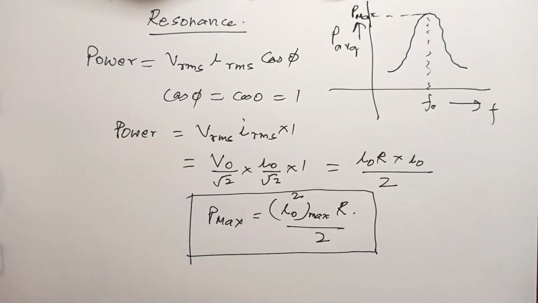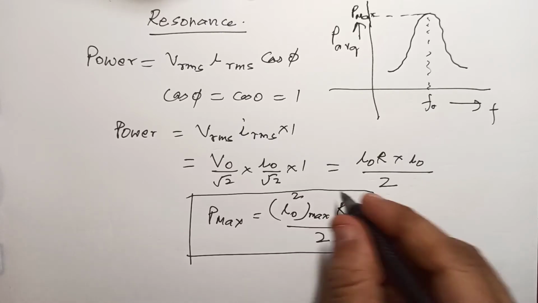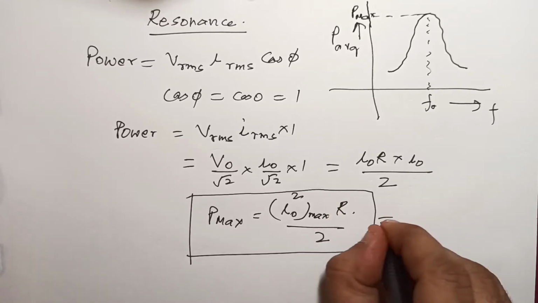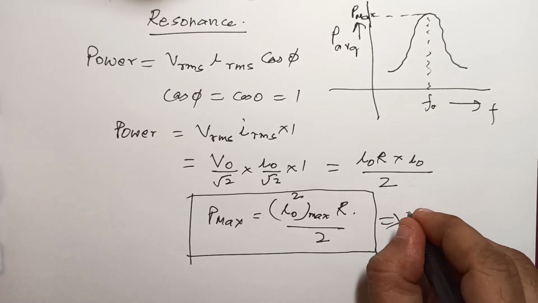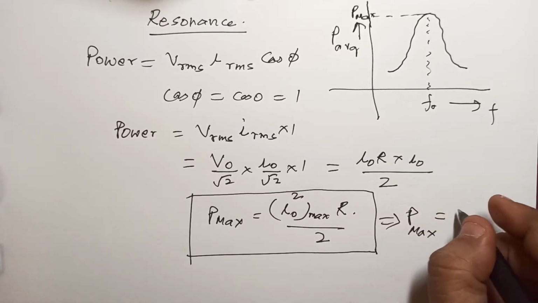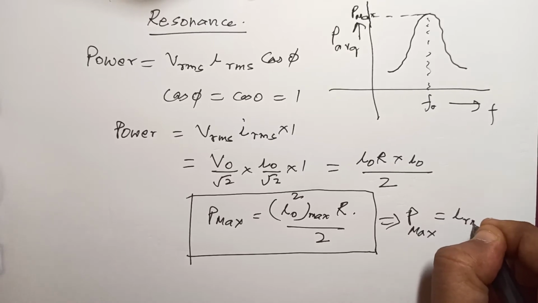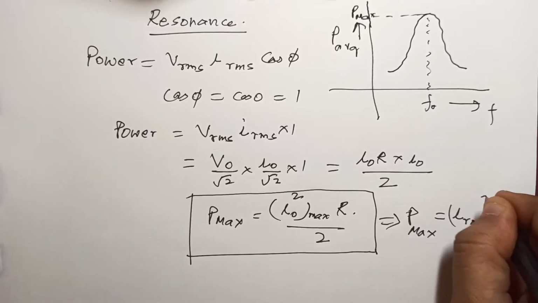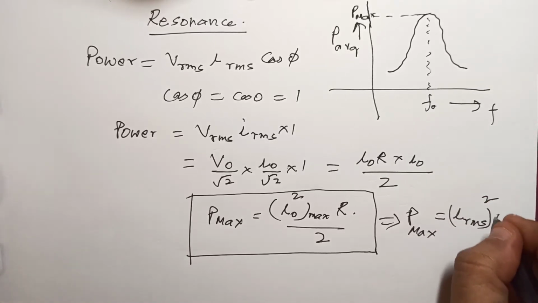One more thing: this is I naught square max, or I can say this is also equivalent to power max is equal to IRMS whole square into R.